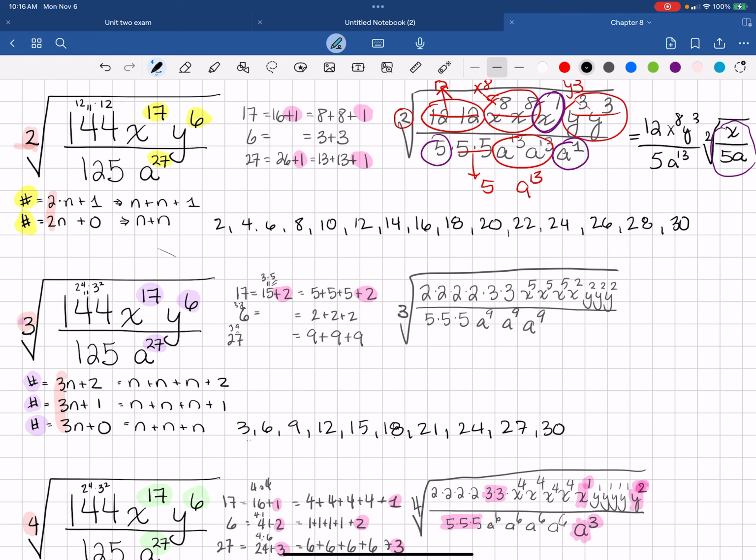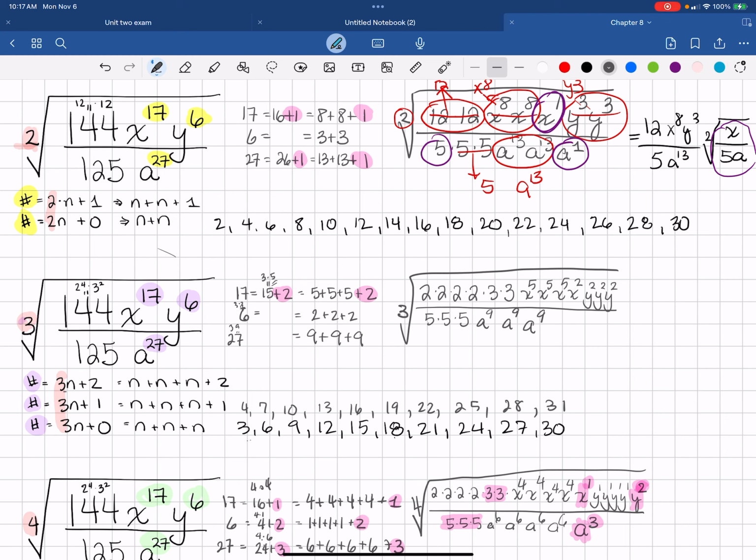21, 24, 27. And if I wanted to look at the plus 1 versions, I do 3 plus 1, so that's 4, 6 plus 1, 7, 10, 13, 16, 19, 22, 25, 28, 31.